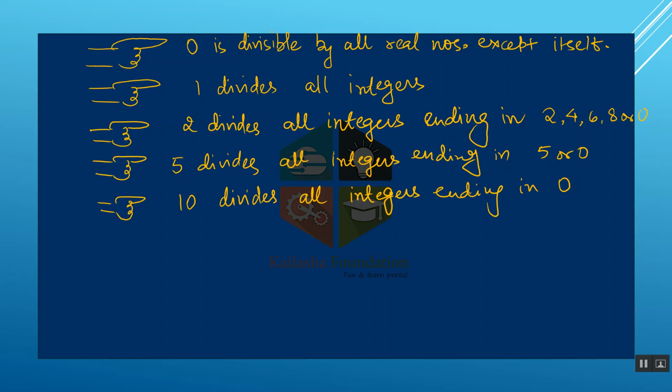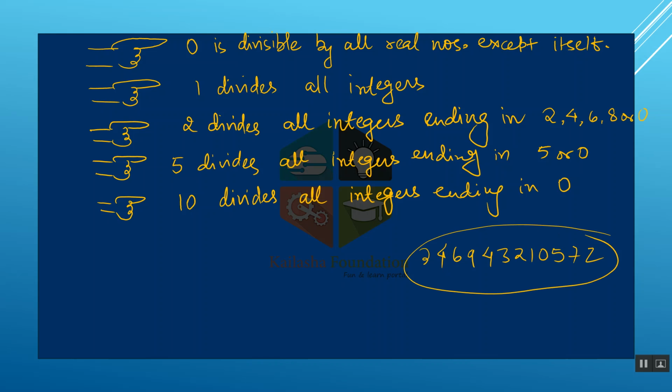So for divisibility by 2, whether a number is divisible by 2 or not, we can simply determine no matter how large the number is, say 3, 4, 6, 9, 4, 3, 2, 1, 0, 5, 7, 2. The last digit is 2, and what is the rule? A number ending in 2, 4, 6, 8 or 0.